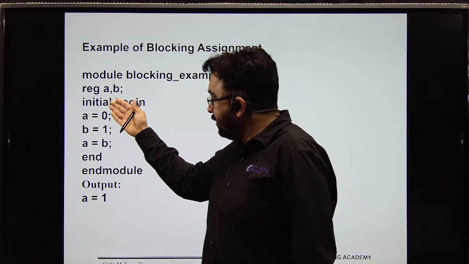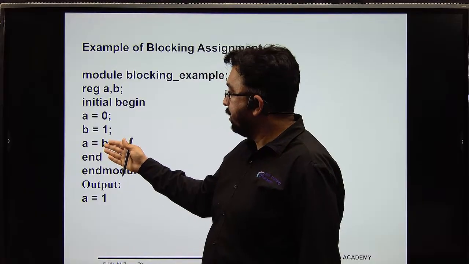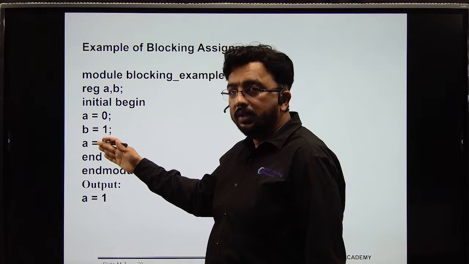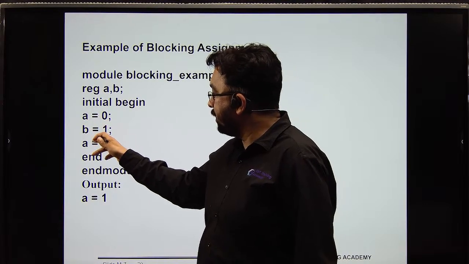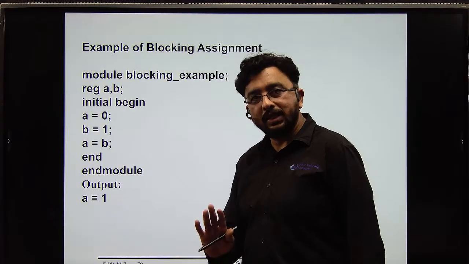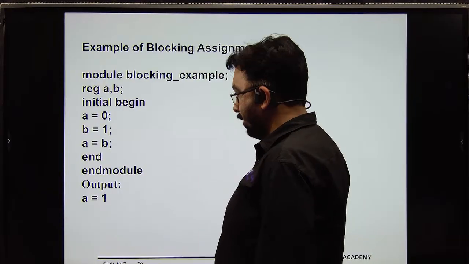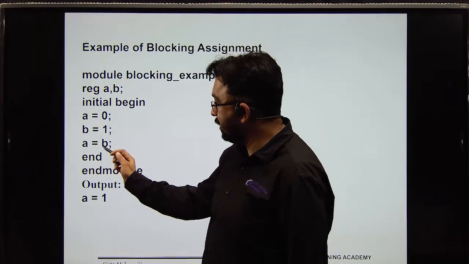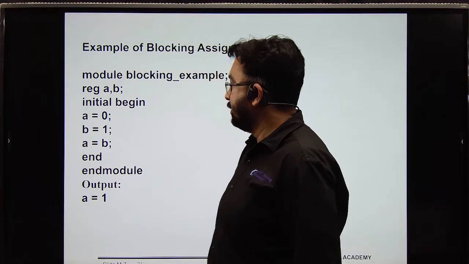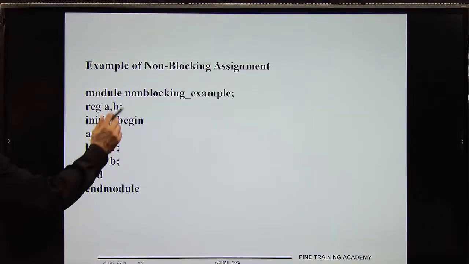If we are assigning some value to a and b, then we are assigning it with the help of this, which is actually called a blocking statement. What the output is is something different that we will discuss later on. Basically here a and b are swapping the operations. Same thing here, an example of non-blocking.